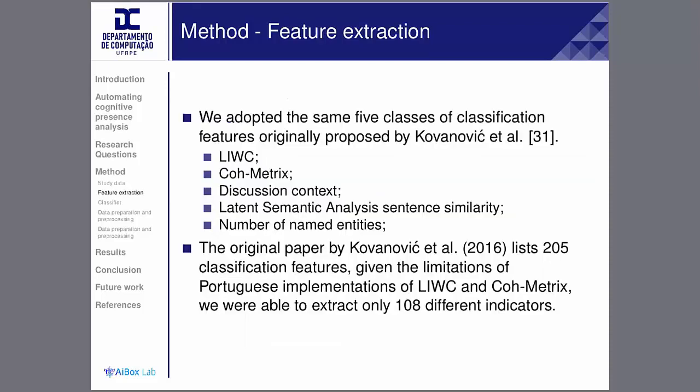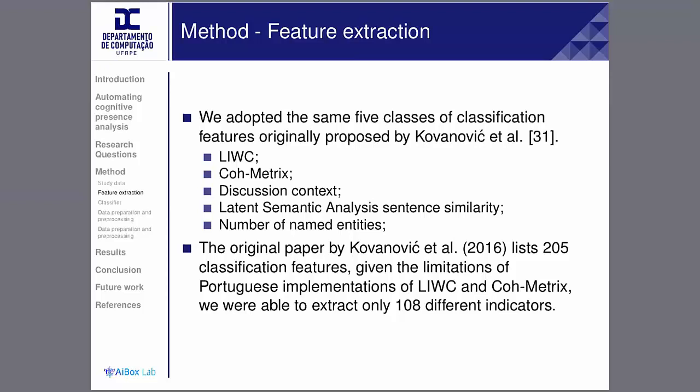Okay, about the feature extraction, we adopted the same 5 classes from Cohen: LIWC, word count, Coh-Metrix, discussion context, latent semantic analysis, sentence similarity, and number of named entities. It's important to say that in the paper published by Cohen in 2016, they considered 205 classification features.